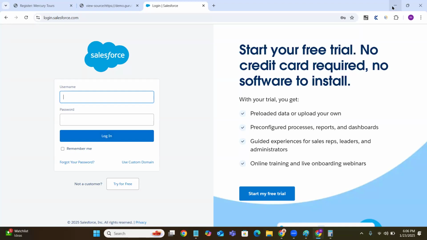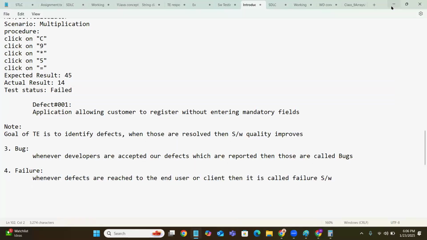If there are more defects, where important business transactions cannot be performed, then only it is called failure software. See, failure is not related to one component or one functionality.